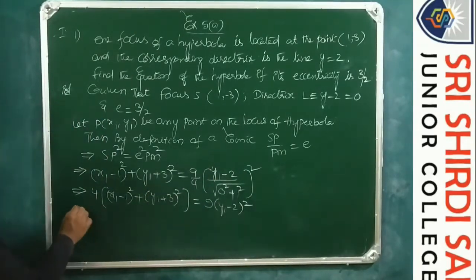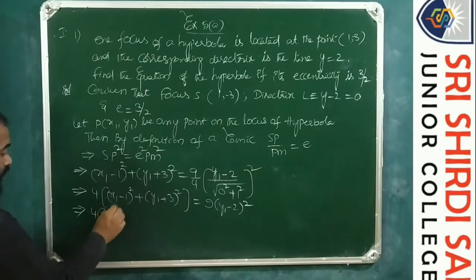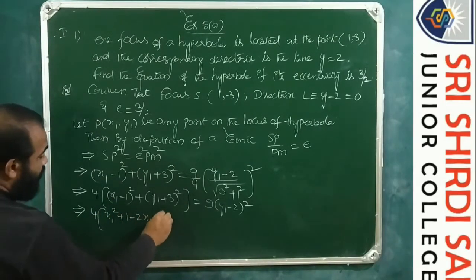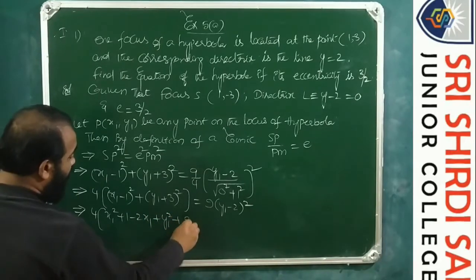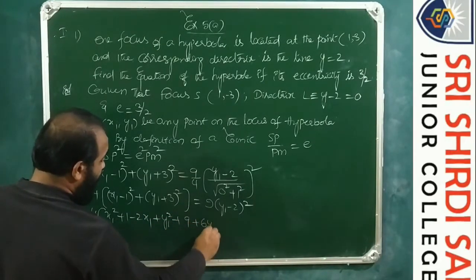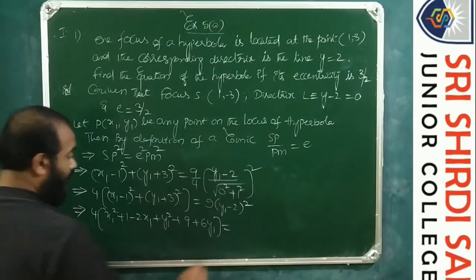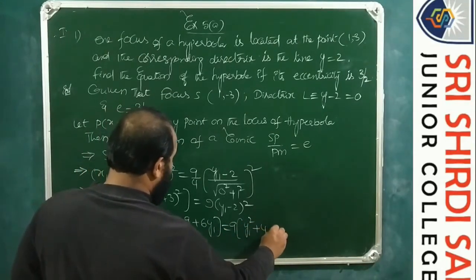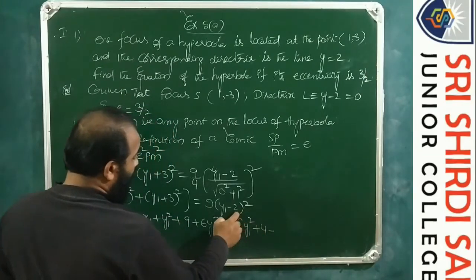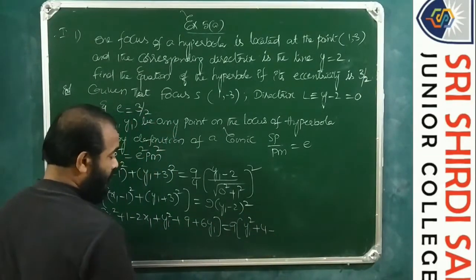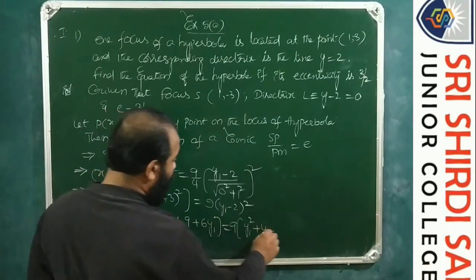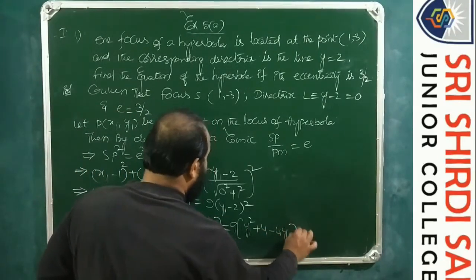So now this is 4 into (a minus b) whole square: x1 square plus 1 plus 2x1, plus y1 square plus 3 square 9 minus 2 3s are 6y1, is equal to 9 into y1 square plus 2 square 4 minus 2 2s are 4y1.